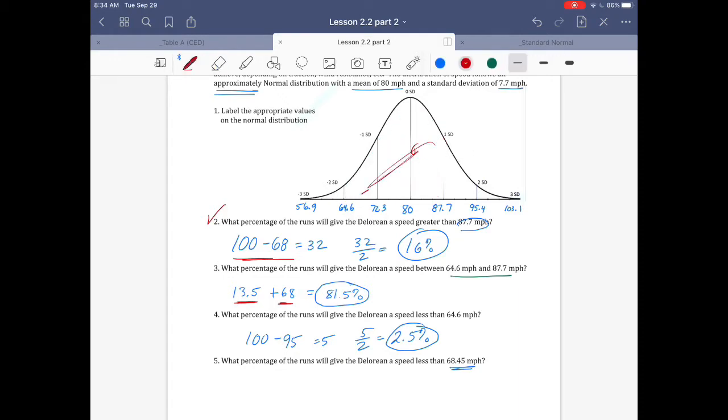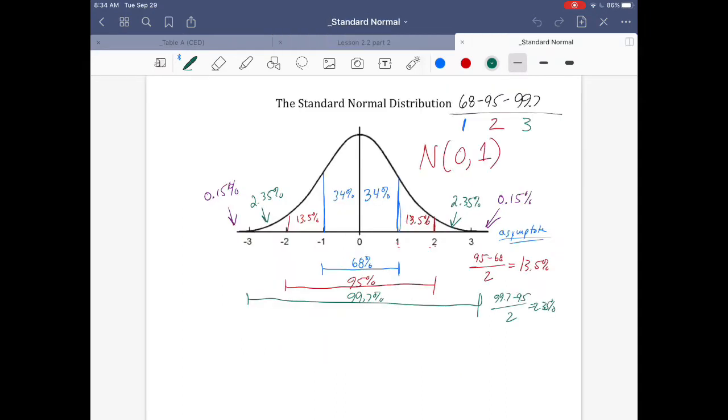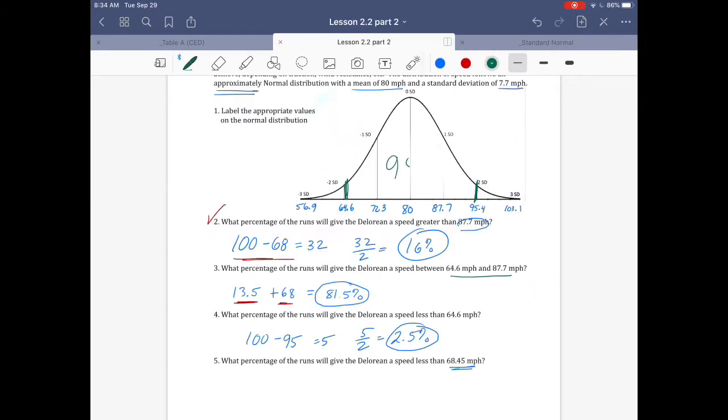And then finally, what percentage will be less than 64.6? Once again, the idea is 64.6 is 2 standard deviations below. Remember, within 2 standard deviations, we are at 95%. So this whole thing would be 95%.